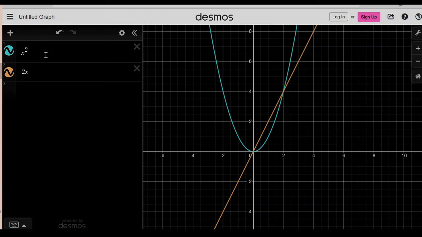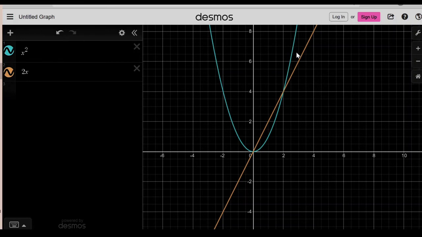Now notice that x squared is increasing everywhere to the right of 0. Everywhere to the right of 0, x squared is tilted upward. As a result of that, the slope of the tangent line on the right side of the graph will always be a positive number.